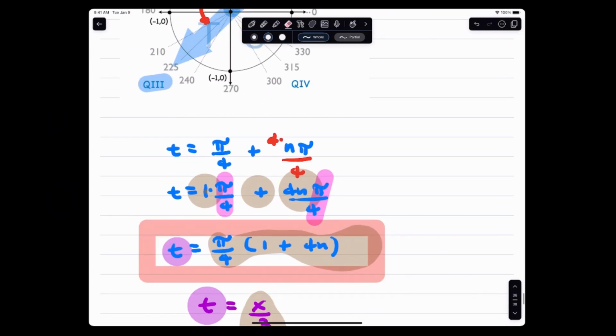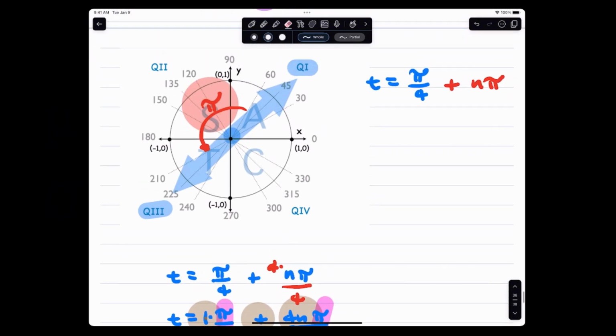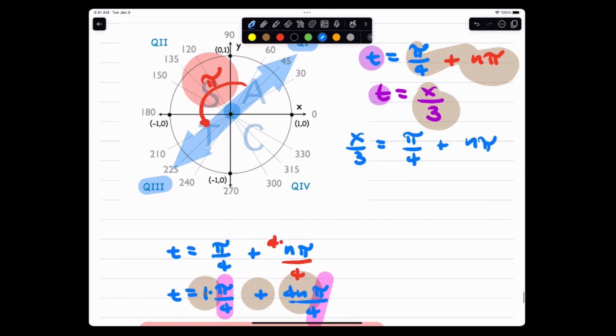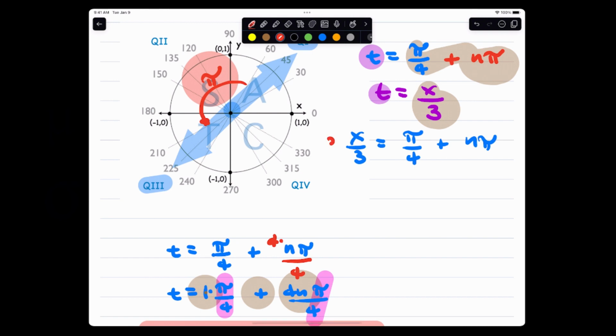And go back here just to emphasize, remember, t is x over 3, right? And I started to talk about the general solution. The general solution was up here. So you could see here in the back of the book, they do the substitution here. So you go, oh, are they going to give me now what? X over 3 will be pi over 4 plus n pi. Well, solve for x by multiplying both sides by 3.